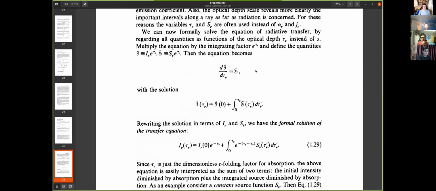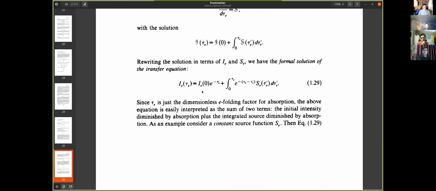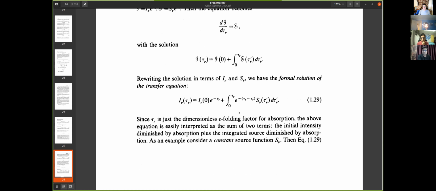If you try to derive it, you can see how this form has been arrived at. Then he integrates, and we get the final solution of this transfer equation. So he just put back the original values in terms of I nu and S nu, and this is the final solution of the transfer equation.